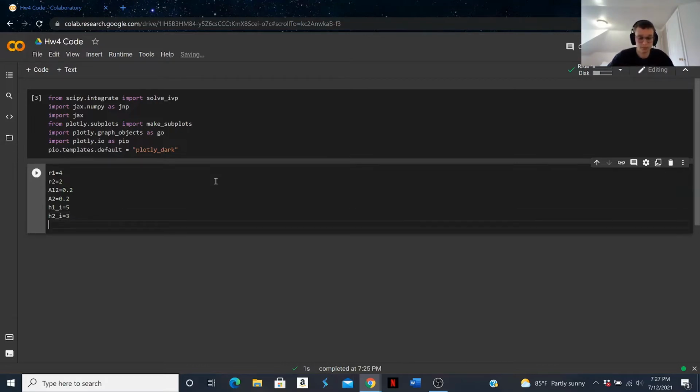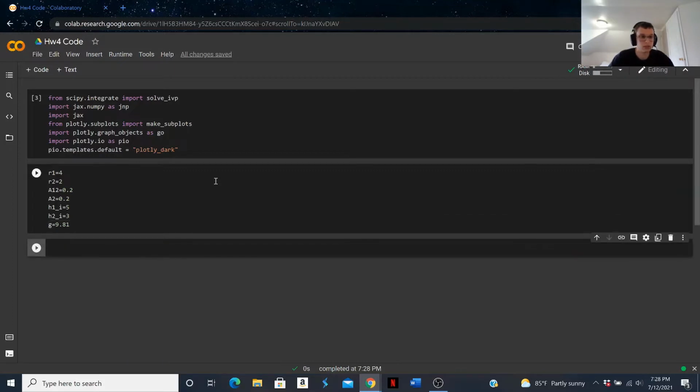So, we can also just throw in our acceleration due to gravity, 9.81 meters per second squared, and set that up. Okay. So now that we have that, we're going to start off with solving for the initial flow rates. I derived equations for this in the first part of the video at a steady state.